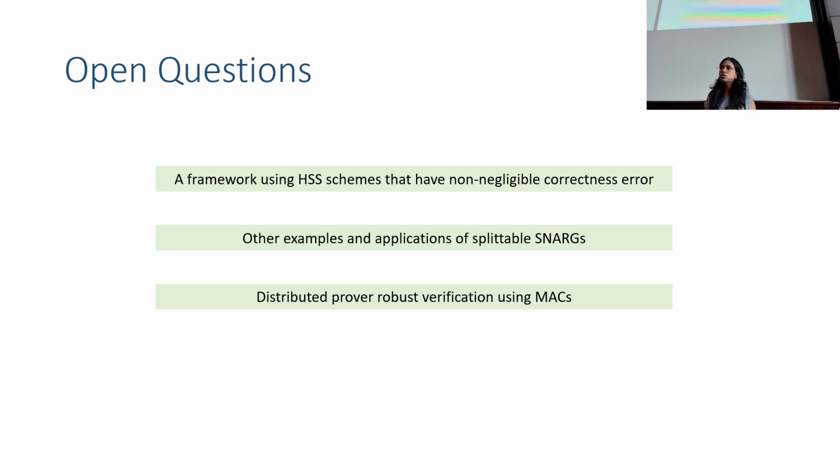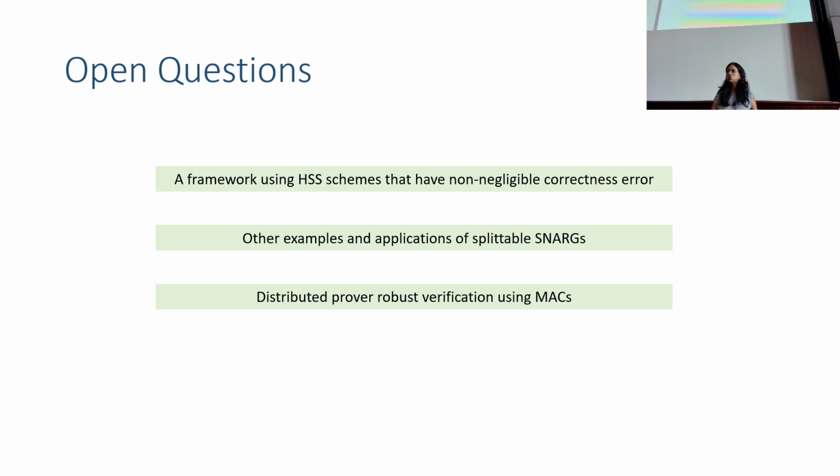If we could somehow enable the servers to compute a MAC on their proof shares, we can then rely on unforgeability of the MAC scheme to ensure that a malicious server cannot find more than one proof share that will lead to an accepting proof. But implementing this idea requires more care and carefully choosing the MAC scheme that's compatible with the HSS scheme and the zero-knowledge SNARK that you pick.